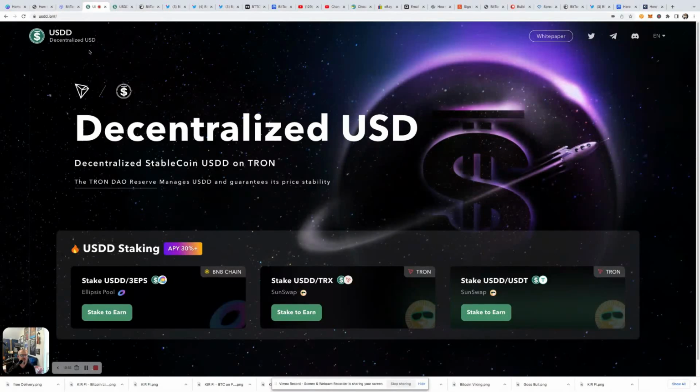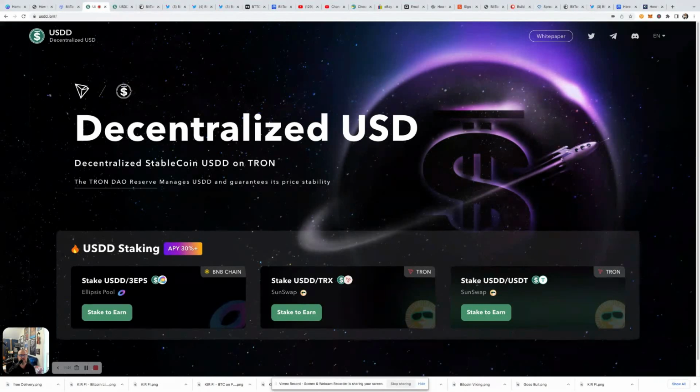So if you want to check this out further, all you got to do is go to USDD.io. You can find this exact page here, and you can check these out. Now, it's also got this ellipsis pool. We've got SunSwap. So that is, again, Justin Sun with his Sun token. So SunSwap for USDD with TRX.